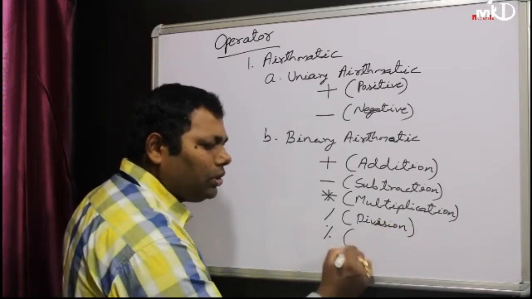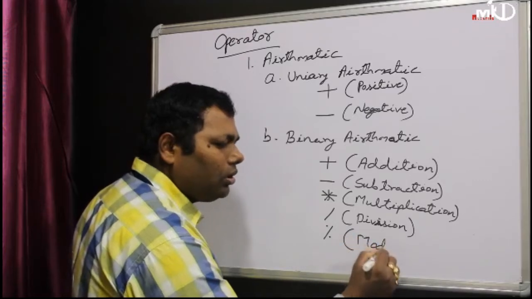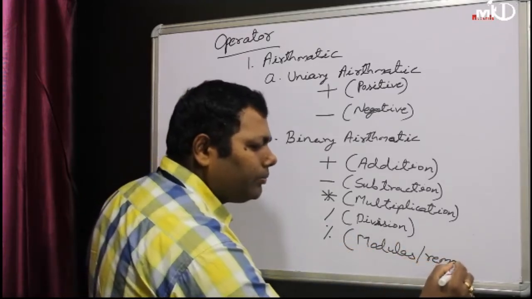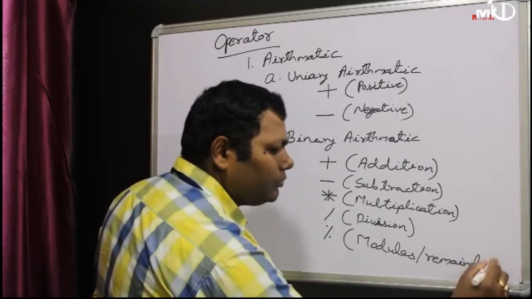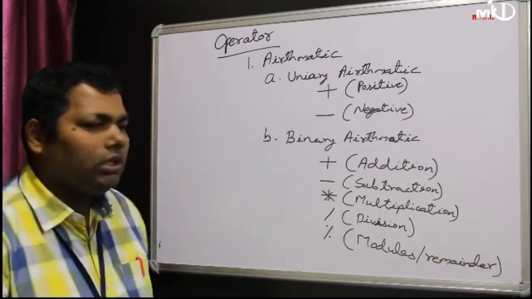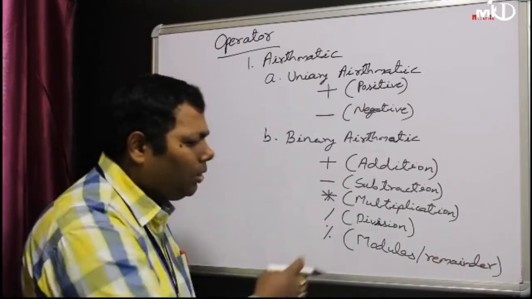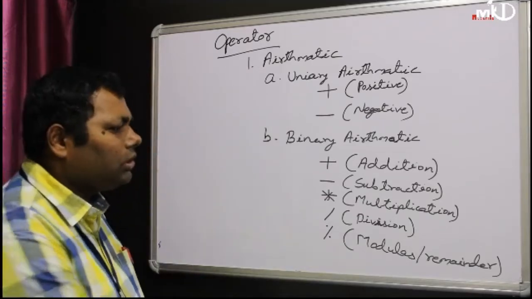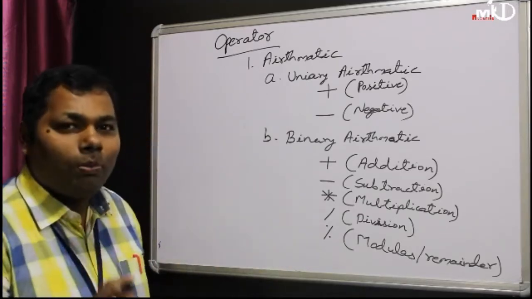And the percent symbol is used for modulus or remainder. So these 5 operators are the binary arithmetic operators because they use 2 operands.